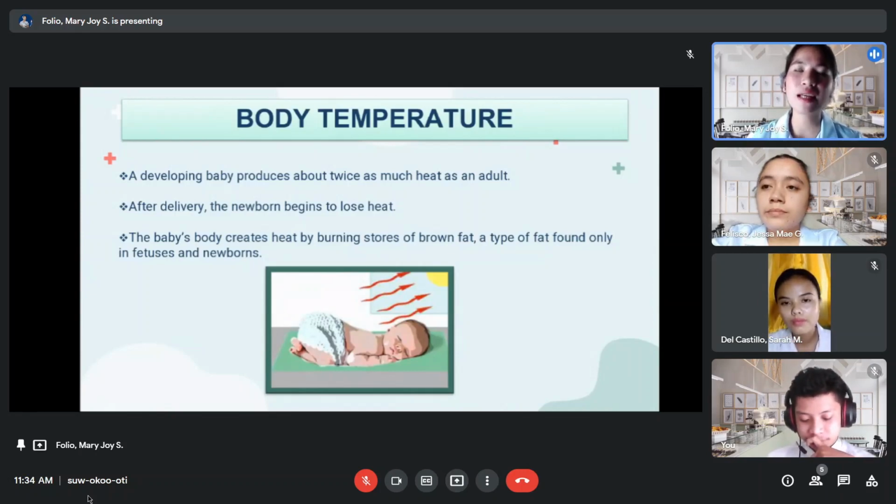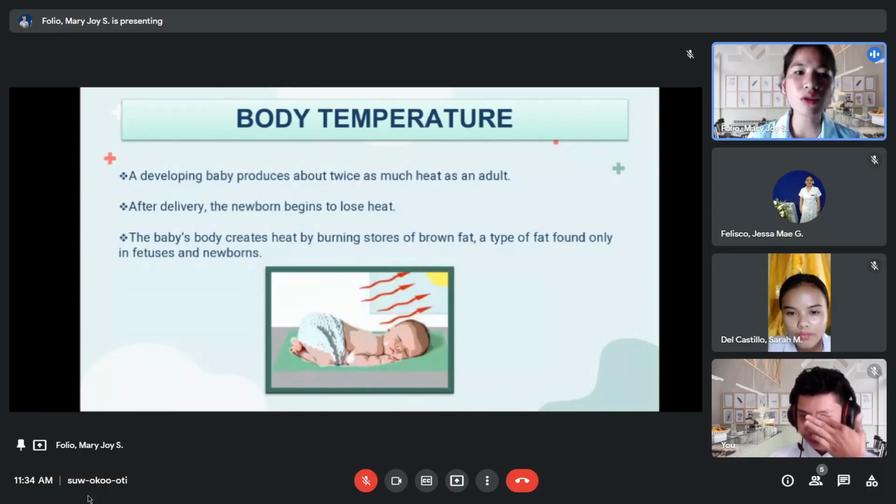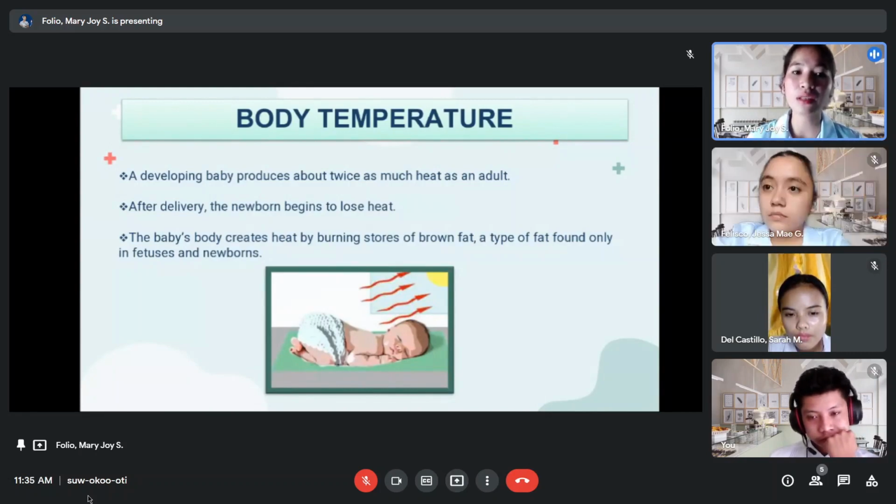Infants tend to have higher average temperatures than older children and adults, for example, 37.5 degrees Celsius or 99 degrees Fahrenheit. An infant's normal core body temperature will vary by as much as 1 to 2 degrees Fahrenheit throughout the day. Typically, the core body temperature will rise during the day and slightly lower during the night while the infant is sleeping.